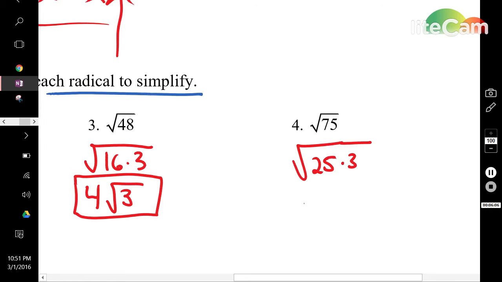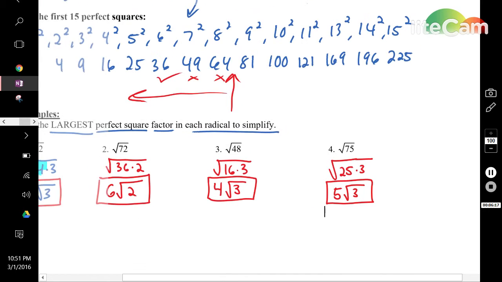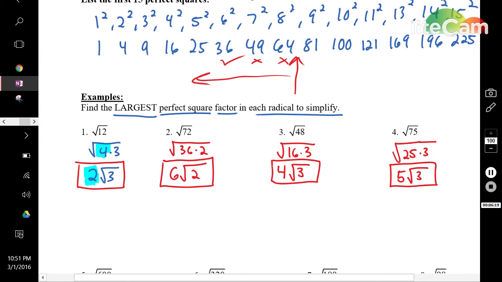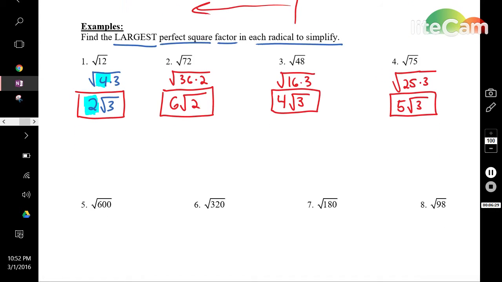The square root of 25 is 5. And rewrite the square root of 3. And that is your simplified radical. Now, 3 of these examples have the square root of 3. Again, it's not always going to be square root 3. Obviously, it could be square root 2, it could be square root 5 as well, depending on the problem.